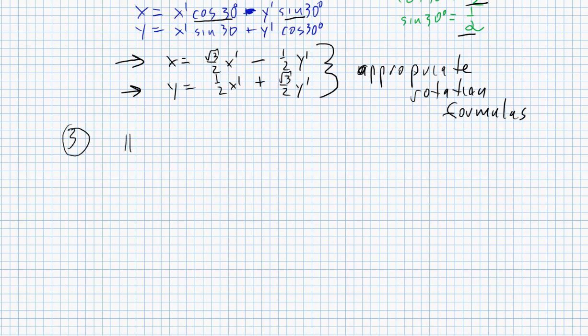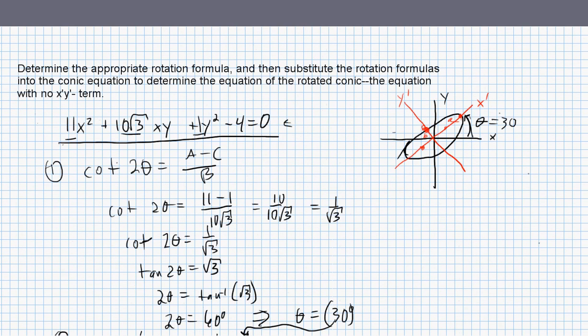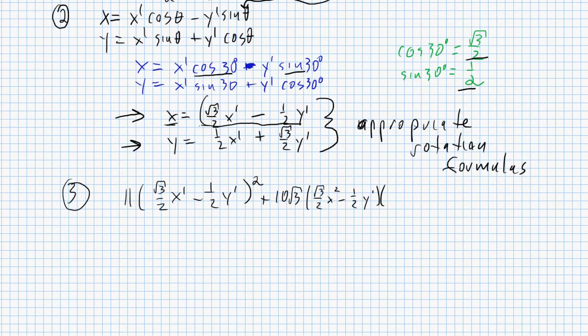Okay, so it's going to be 11 times the x, which is rad 3 over 2 x prime minus 1/2 y prime, this entire chunk here, squared, plus 10 rad 3, there's the x again, rad 3 over 2 x prime minus 1/2 y prime, times, going back up here, this was x times y right there, so we've got to put the x and the y down here. Here's the x there.